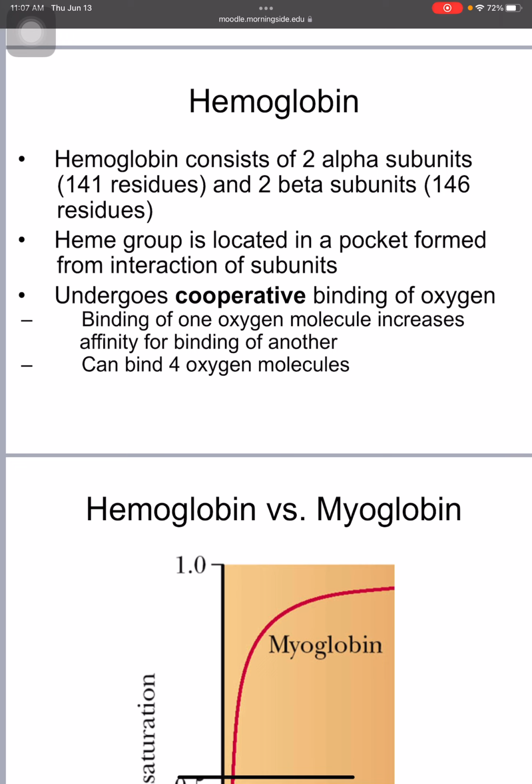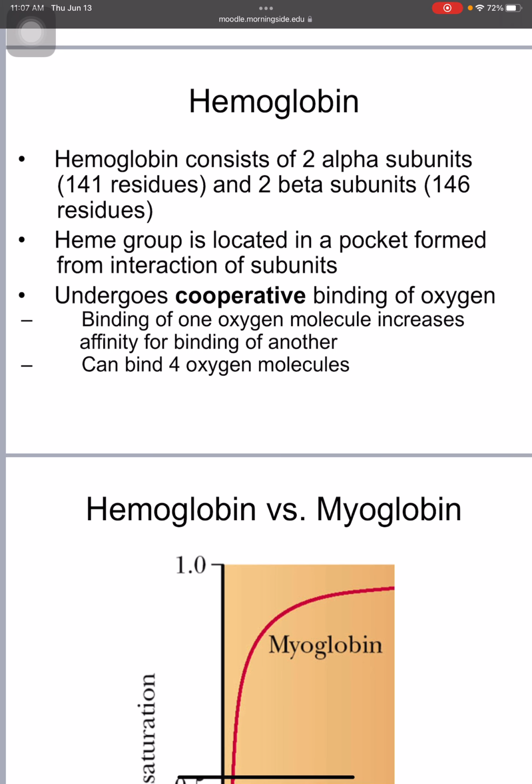So, for example, you have a hemoglobin, and it binds 1 oxygen. After that oxygen binds, now it's more likely that it'll get a second one. And then after the second one, it's more likely it'll get a third one, and so on until it's completely full of 4 oxygen molecules.